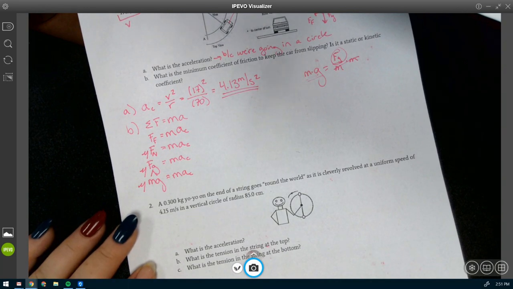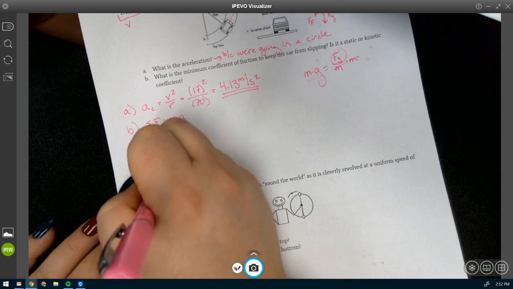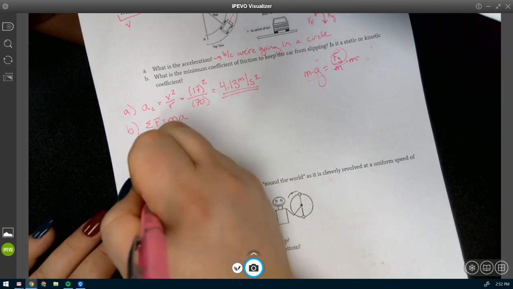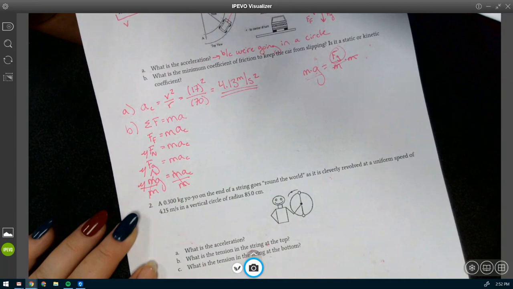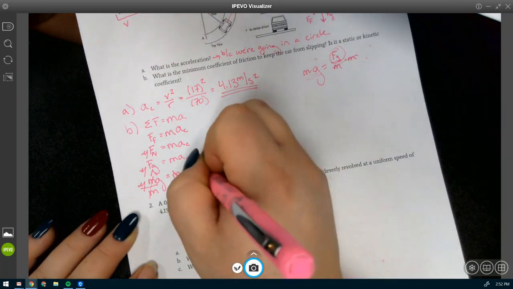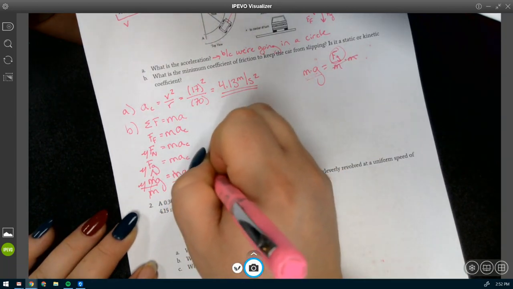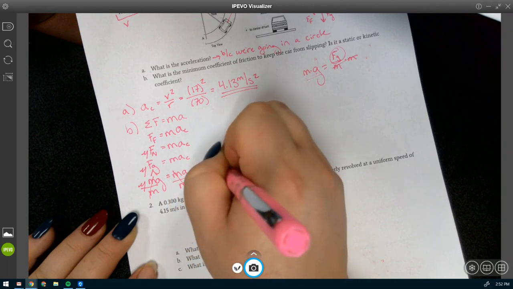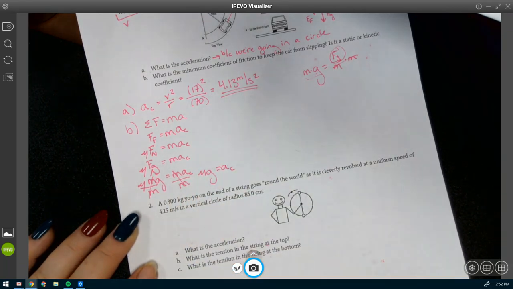And from here we can start plugging numbers in. But the nice thing is what's on both sides already: mass. And so if I divide the left side by m, because we're trying to get mu by itself, it cancels out. So we get mu times g is equal to a sub c.